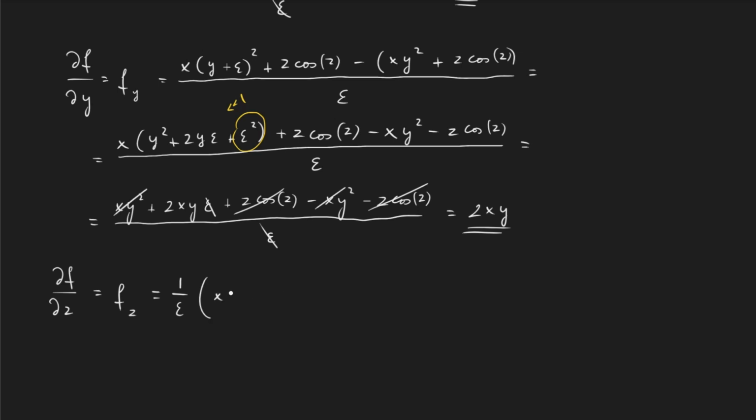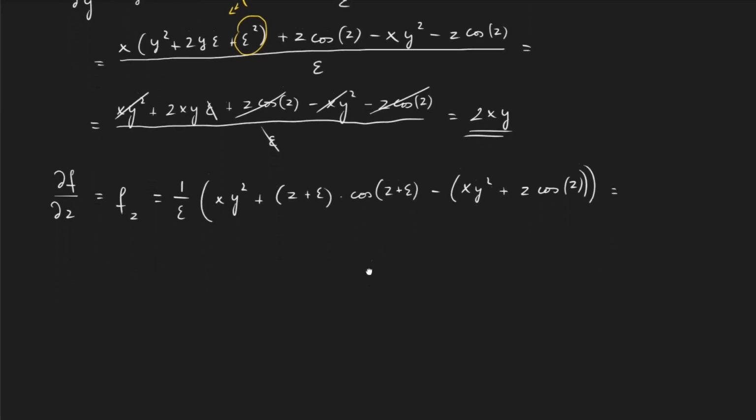So we have xy squared plus, don't forget to put z plus epsilon in the place of z, so this is multiplied by cosine of z plus epsilon, because here we also have a variable z, and we will subtract xy squared plus z times cosine z.